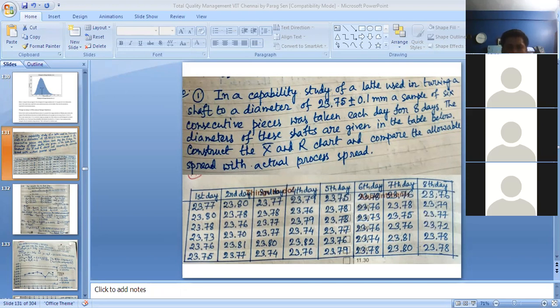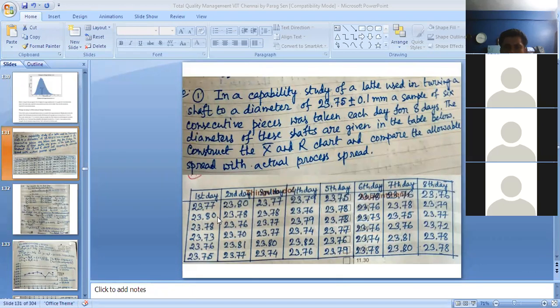It's not just about the individual data, it's about whether the machine is going beyond the control limits or not.